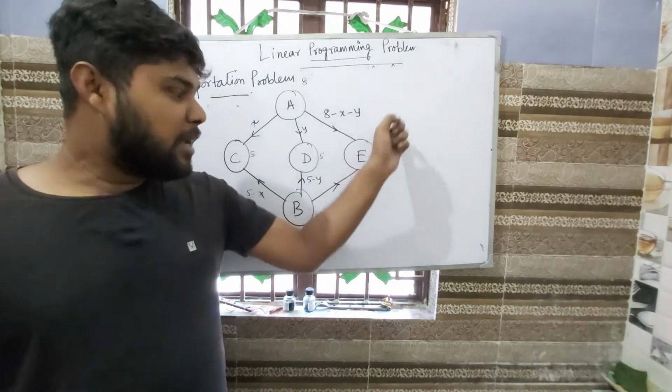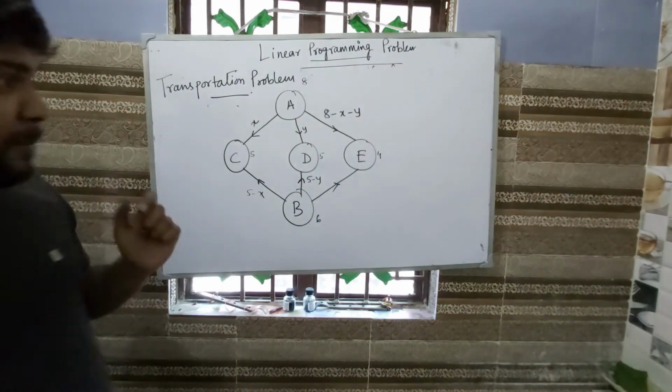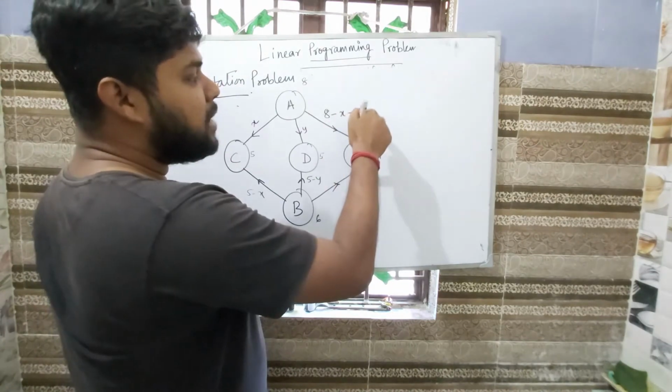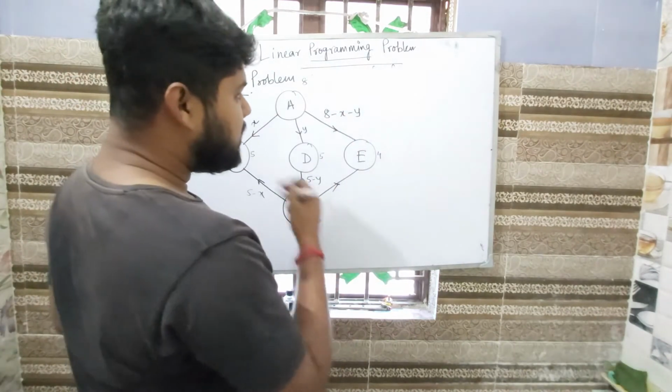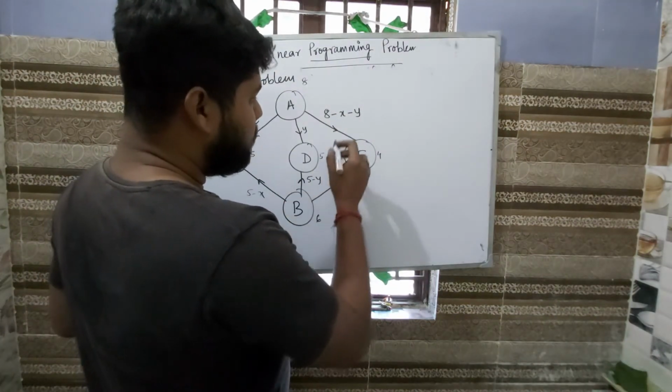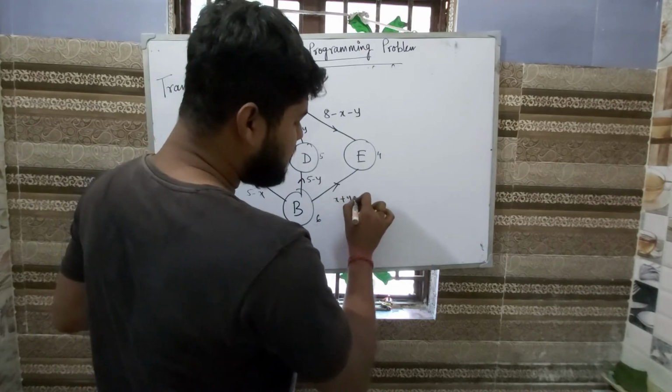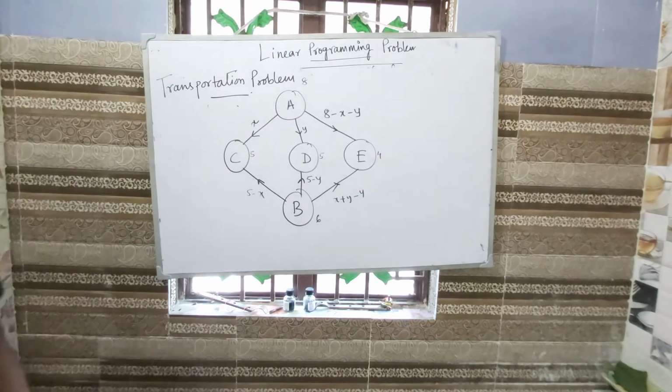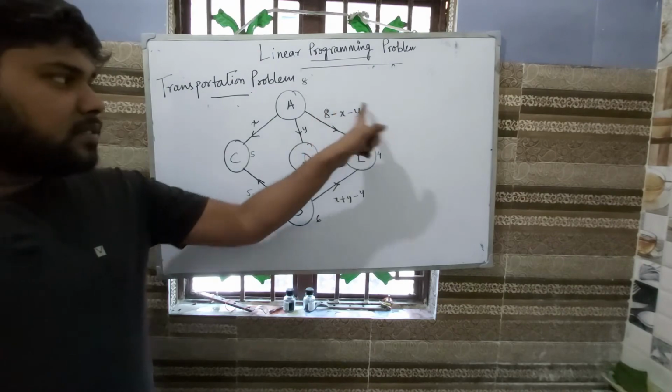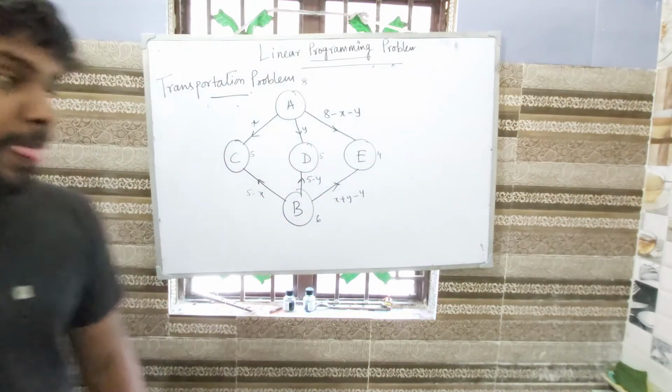A has sent 8 minus X minus Y, so B must send 4 minus (8 minus X minus Y), so that is X plus Y minus 4. Right? 4 minus of this is giving you this.